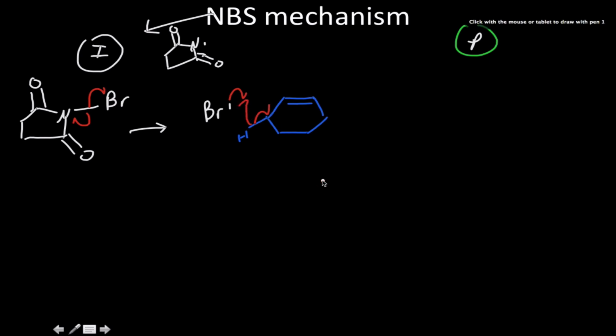Kind of getting messy, but it's really hard to draw cyclohexyl or cyclic molecules on this thing. So we get HBr as one of the products of this reaction. That's not so important. I'd like to know why it doesn't just react back with it. I guess it does react back with it. It just wouldn't be much importance.